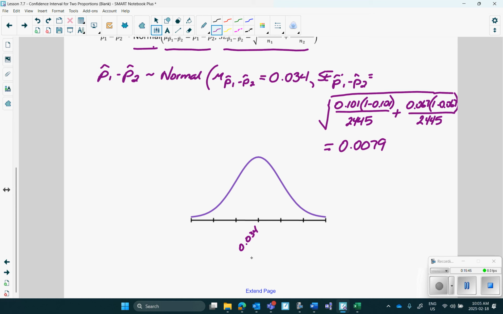It's going to be 0.0419, 0.0498, and 0.0577 for the three notches to the right.